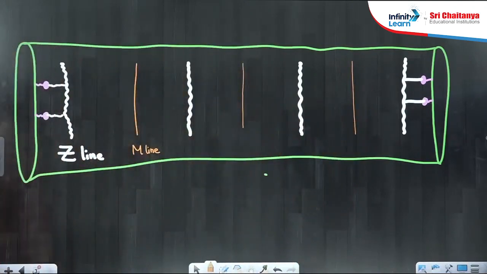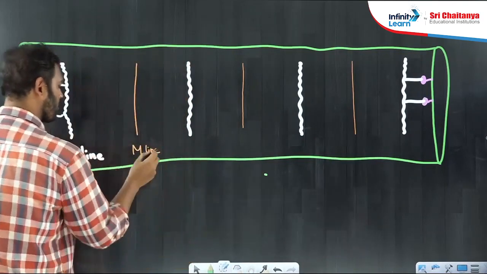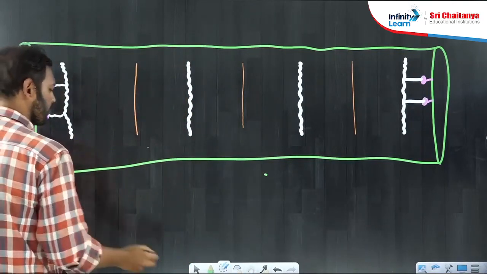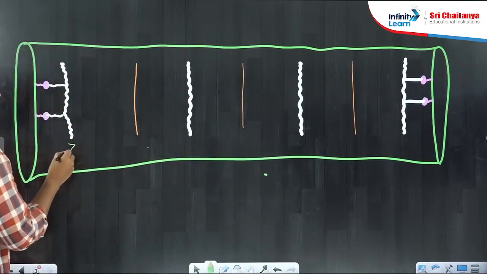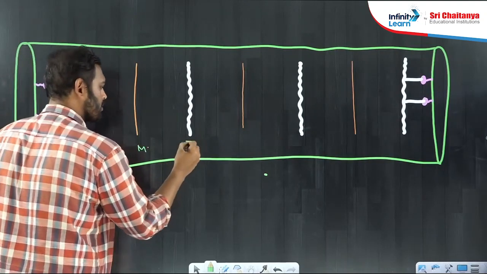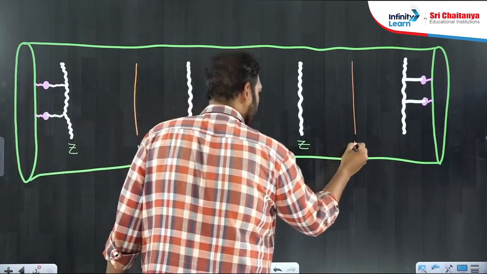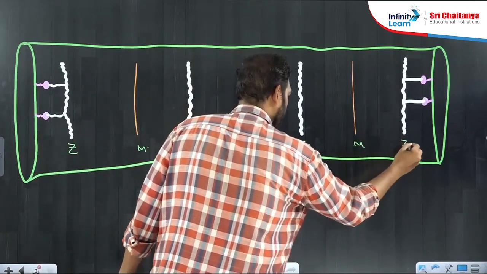Focus here. Label it. Which line is this? Z. This is M. Again Z. Again M. Z. M. Z.